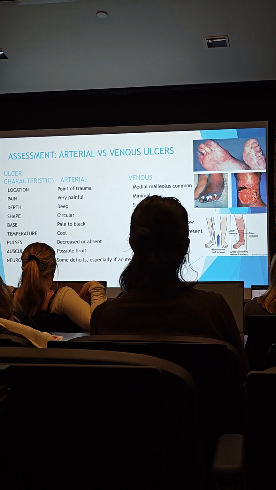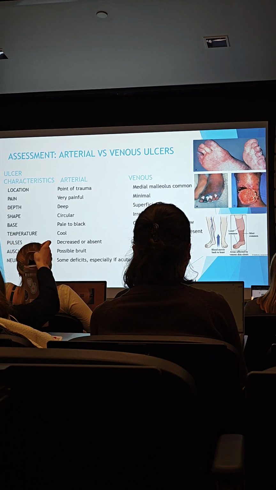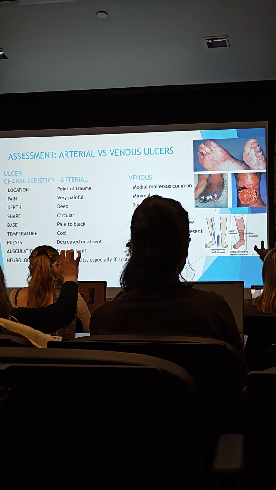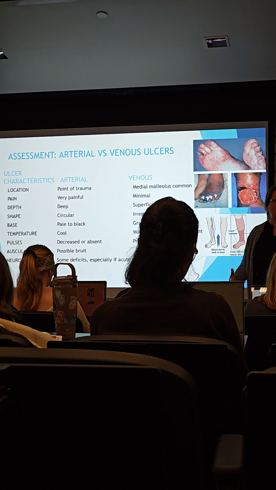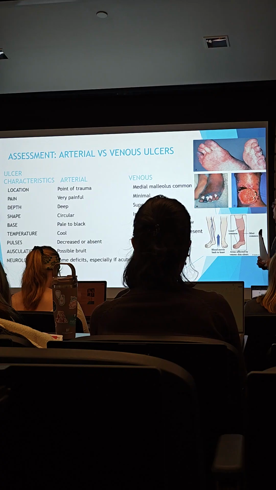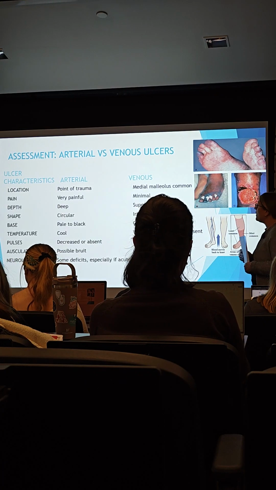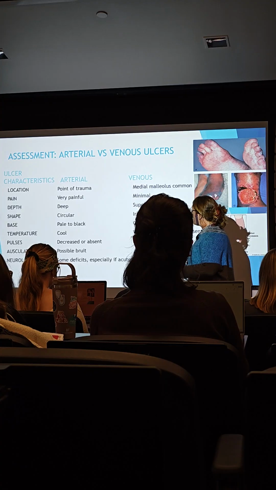All right, let's talk about how a venous versus an arterial ulcer might look. Just looking at the type of ulcer, in addition to the other extremity findings, you can see some pretty awful wounds. So let's talk about arterial.